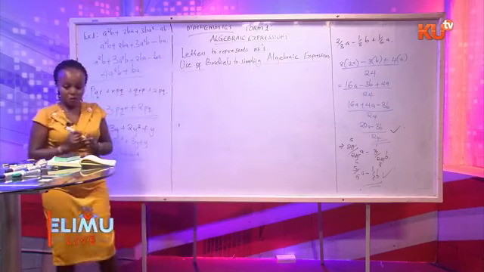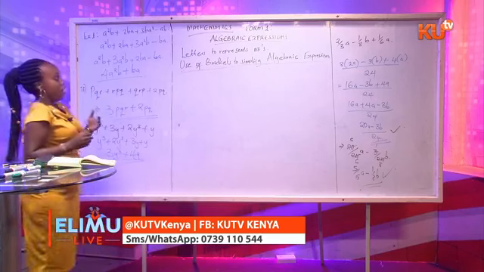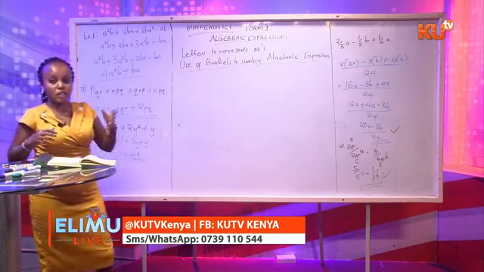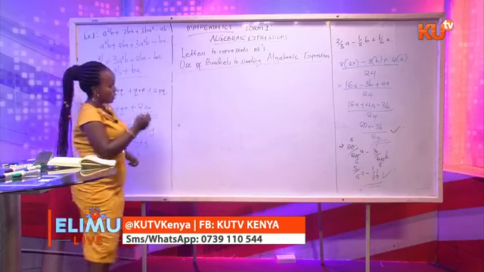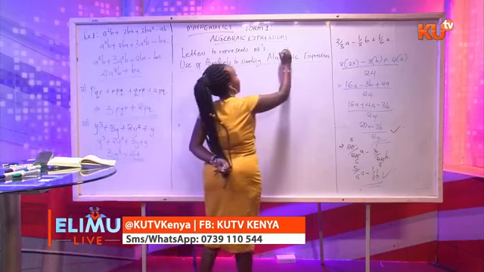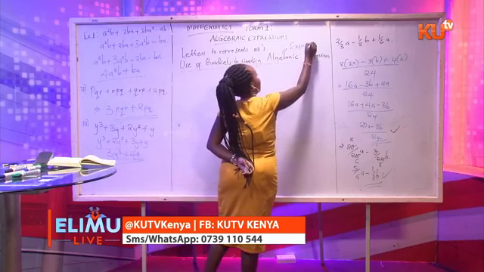Let us look at how we deal with that one. The process of using brackets to simplify algebraic expressions is called expansion.